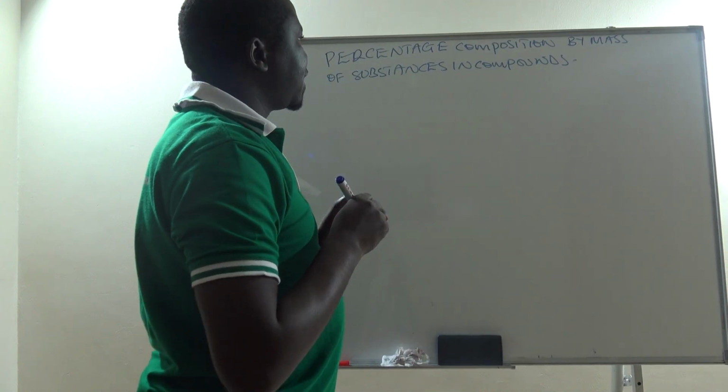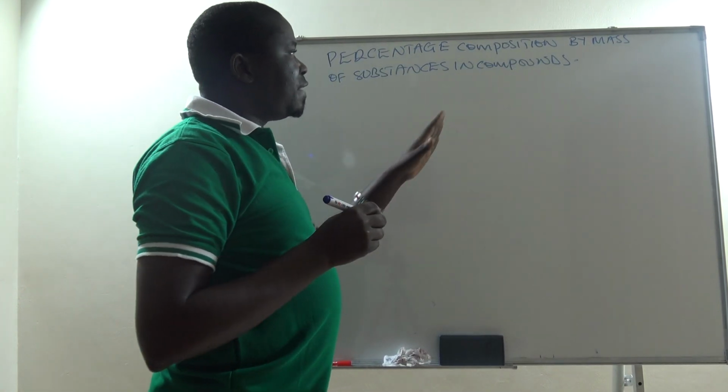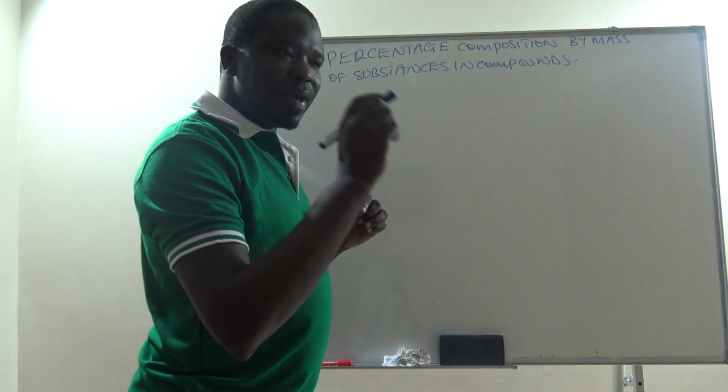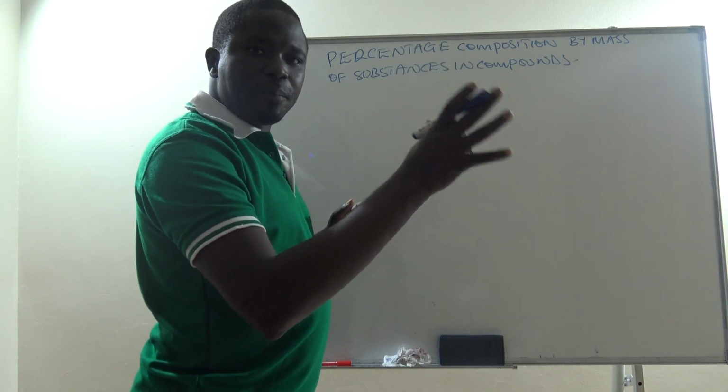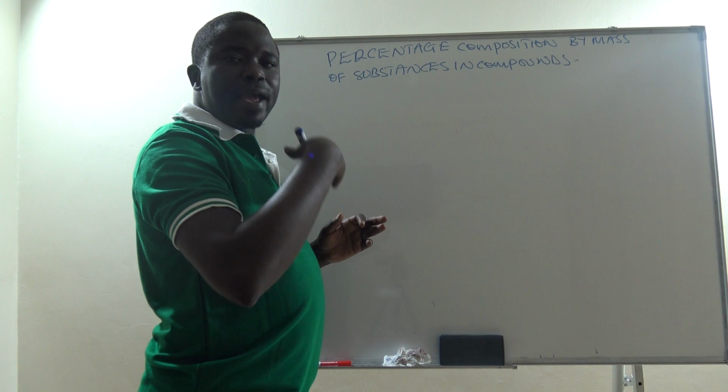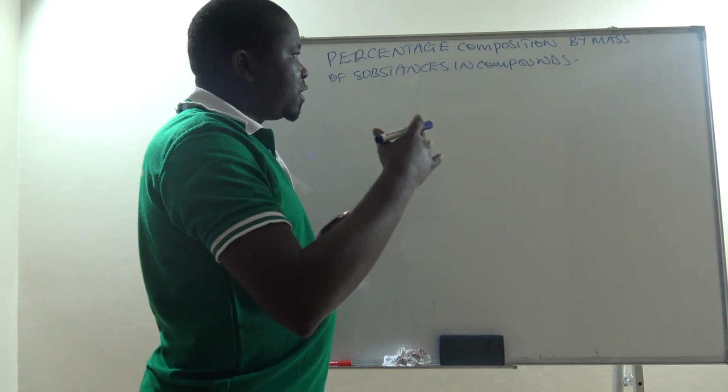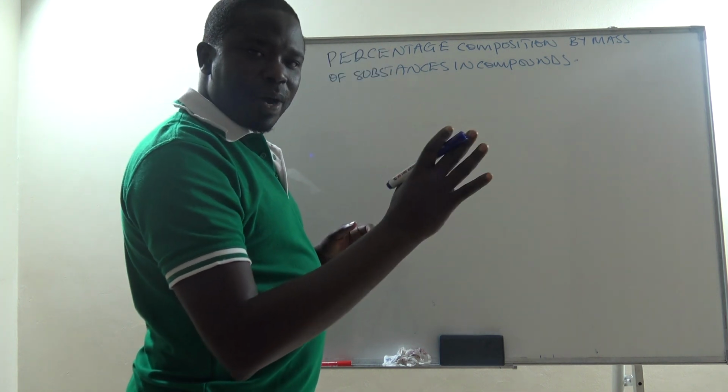So we are going to look at the percentage of different substances. Can be elements, can be a group of compounds, can be say like moles of water of crystallization in compounds.